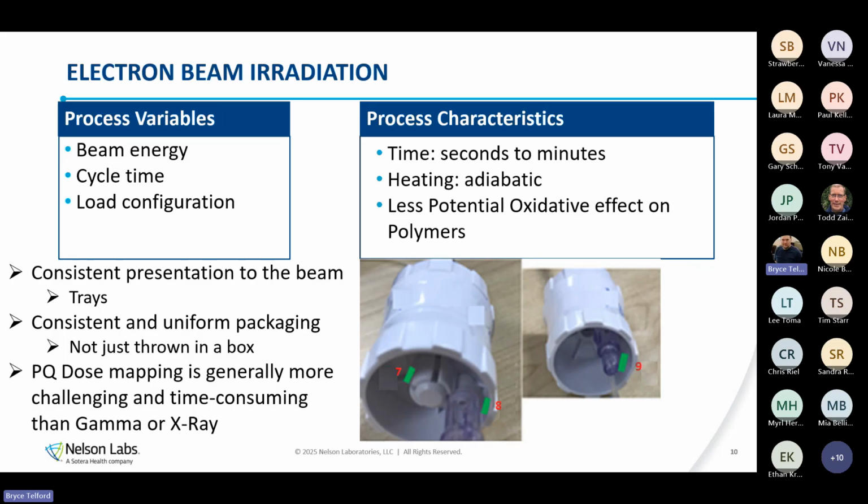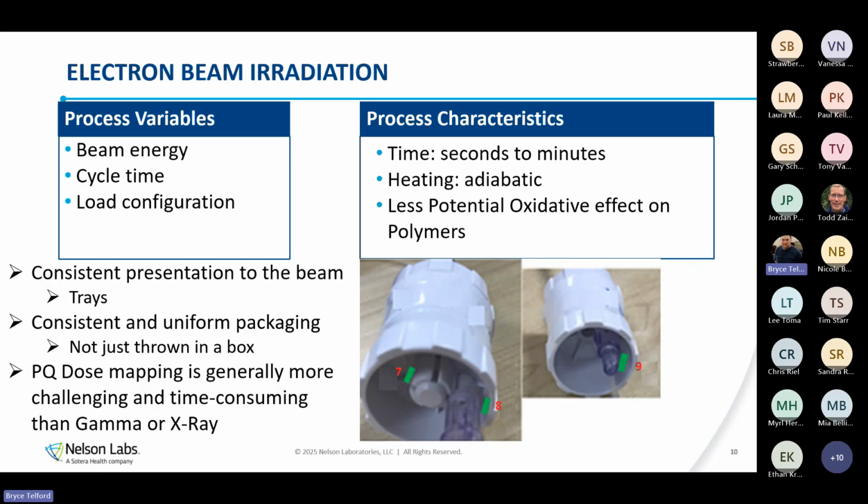So, in some aspects, electron beam can be more material compatible for some products because it has less of that oxidative effect. Some products are actually less material compatible than gamma because of that heating effect. So it kind of depends on what your product is sensitive to and what you're going for as far as material compatibility.